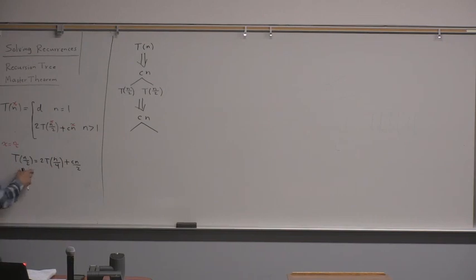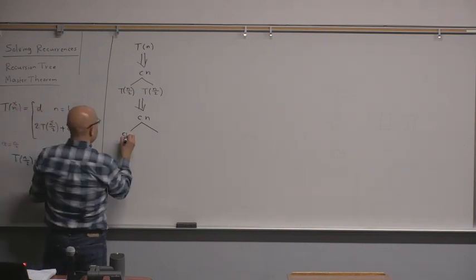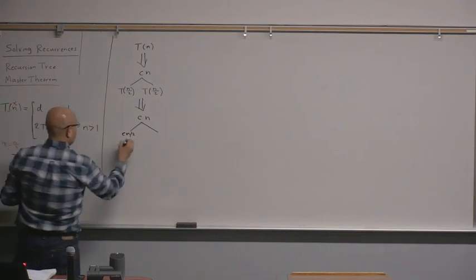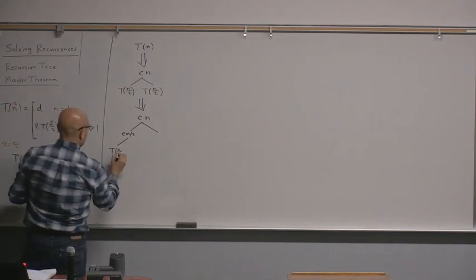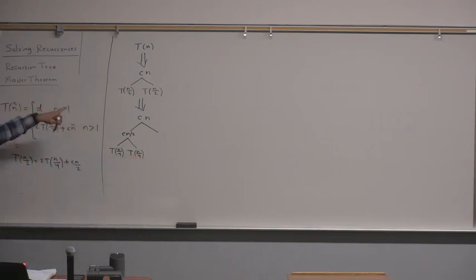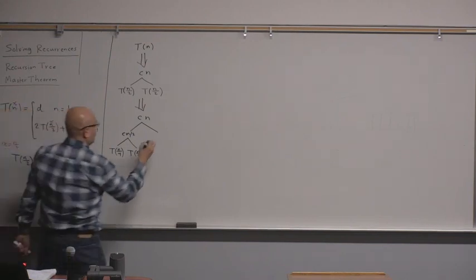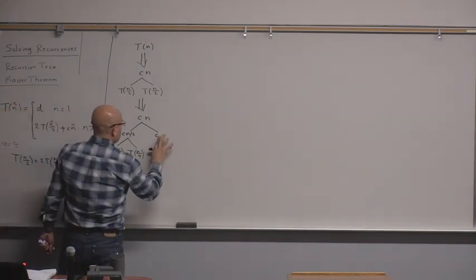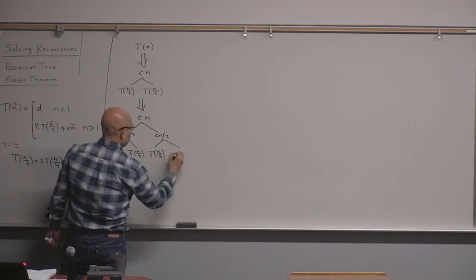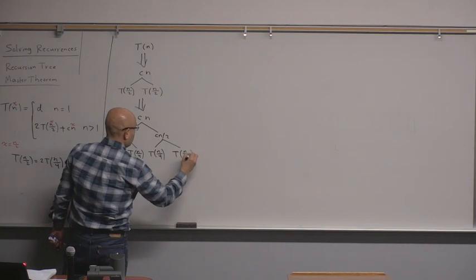So now I substitute for T of n over 2: cn over 2 plus T of n over 4 and another T of n over 4. And I will do a similar substitution for the other T of n over 2, which gives cn over 2 plus T of n over 4 plus T of n over 4.